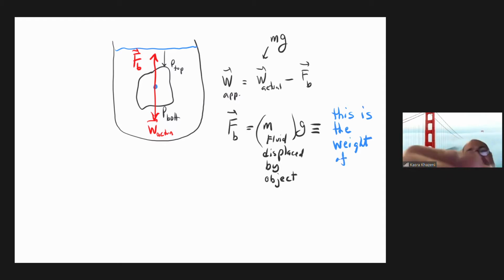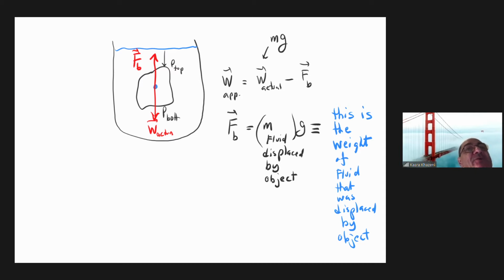This is the weight of fluid that was displaced by the object. Now, what does that mean? Means, well, if the object is not there, that entire volume of the object would have been filled by the fluid itself.